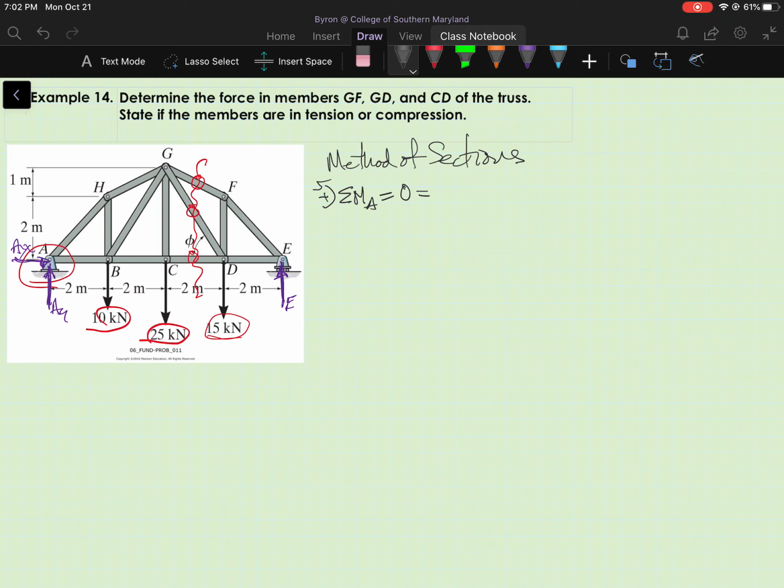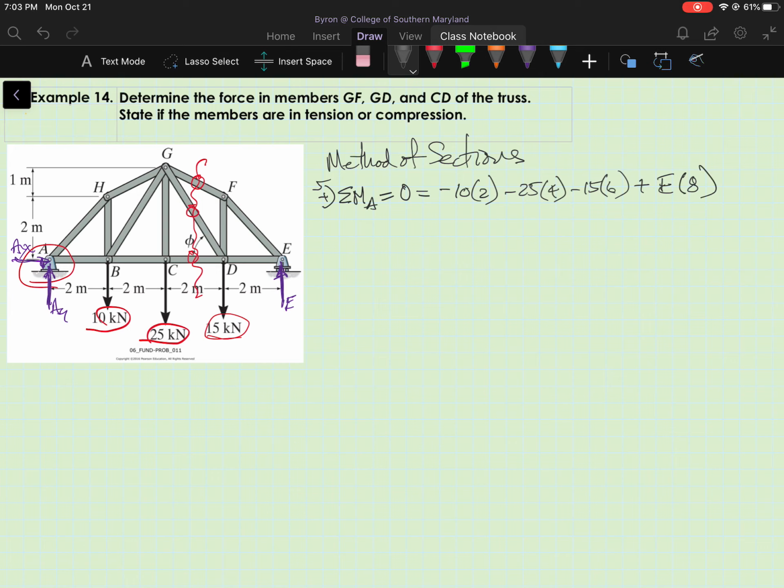And I'm going to pick up all of the moments of the applied loads plus the support reaction at E. So I'm going to have minus 10 times 2 meters, minus 25 times 4 meters, minus 15 times 6 meters, plus E times 8 meters.